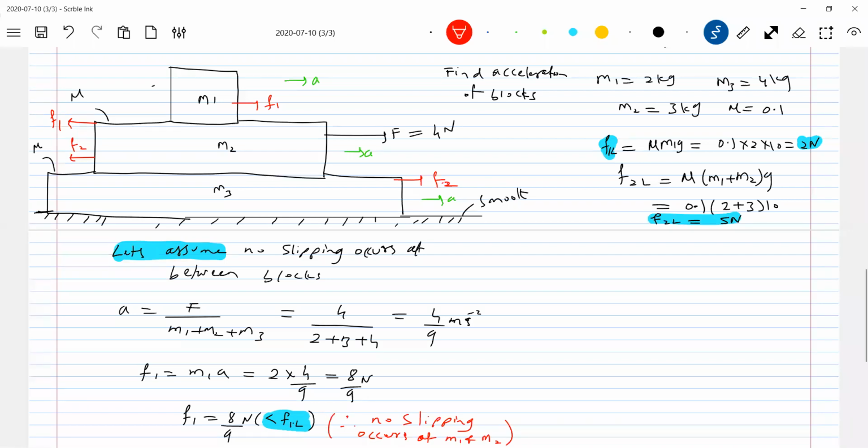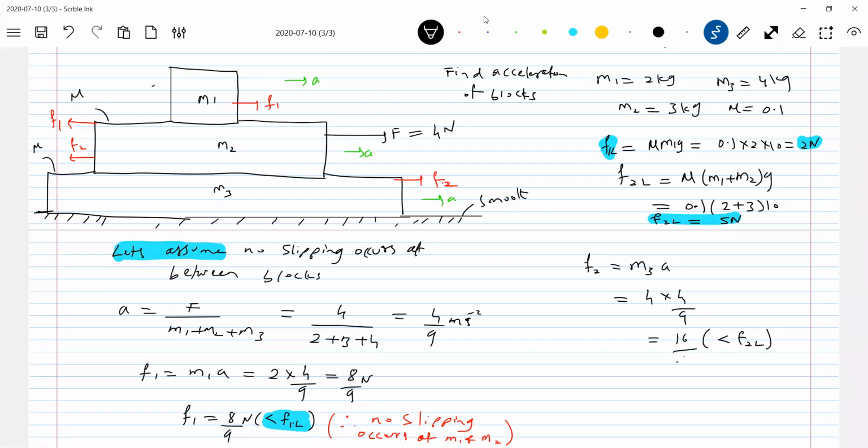Let's check again for F2. It will accelerate the block M3, the frictional force only. So therefore here F2 equal to M3 into A. What is the value of M3? 4. Acceleration 4 by 9. This is how much? 16 by 9. 16 by 9 definitely is less than F2L.